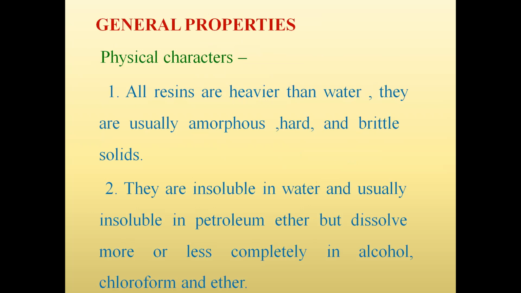Now moving to the general properties. In general properties, there are physical characters and chemical characters also. So first we are discussing the physical characters. The first one is that all resins are heavier than water, and they are usually amorphous, hard, and you can also say brittle solids.